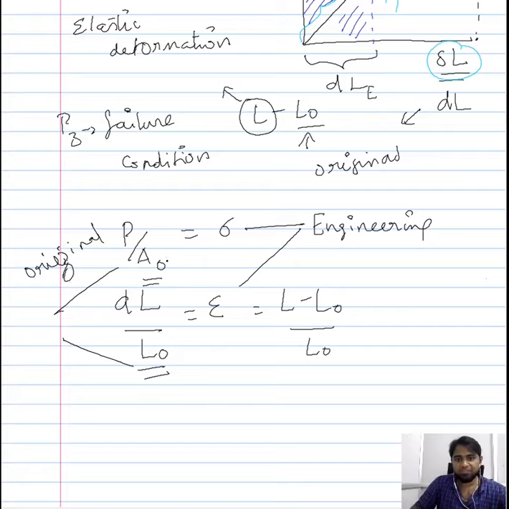When you normalize load and deformation with respect to the original dimensions, then what you end up having is engineering stress and engineering strain.